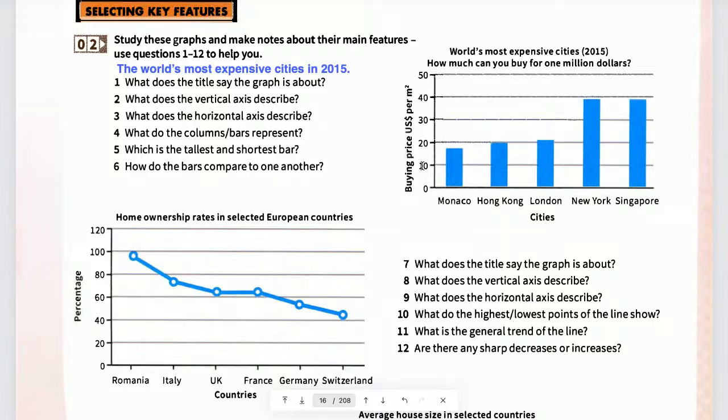Yes, that's right. It's right there, guys. On the left side, buying price US dollars per square meter. You see that? So it is mentioned there. Now tell me, what does that mean?